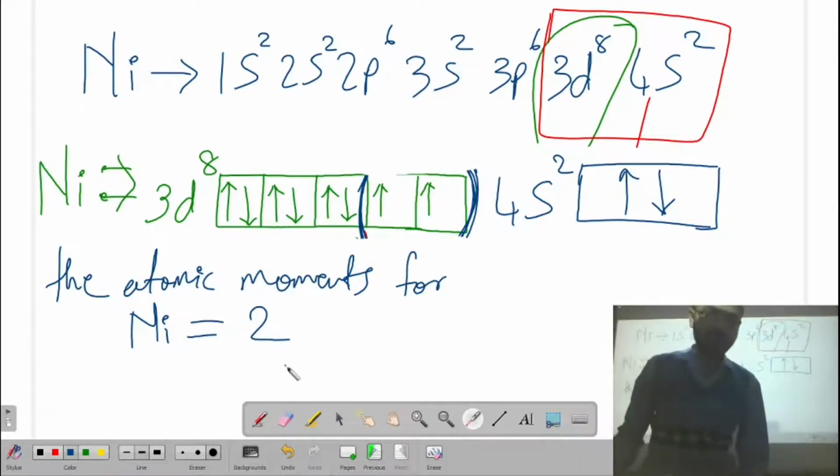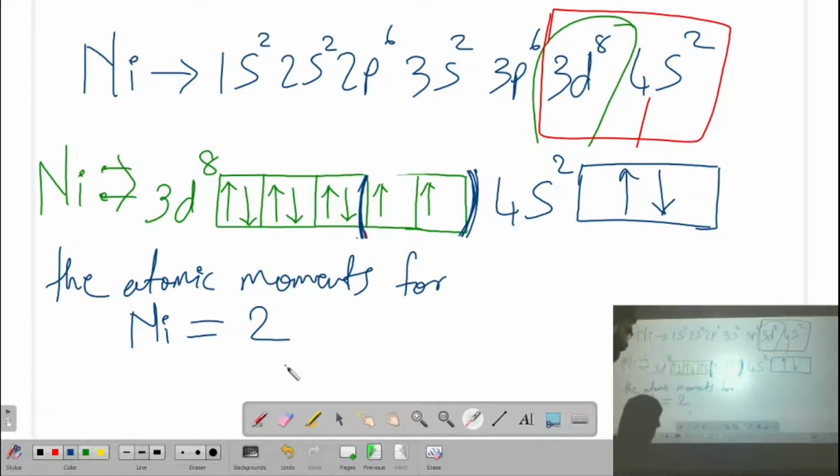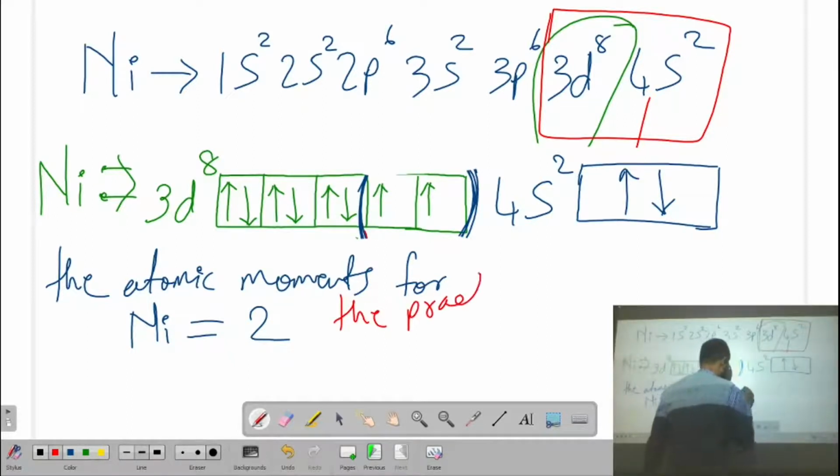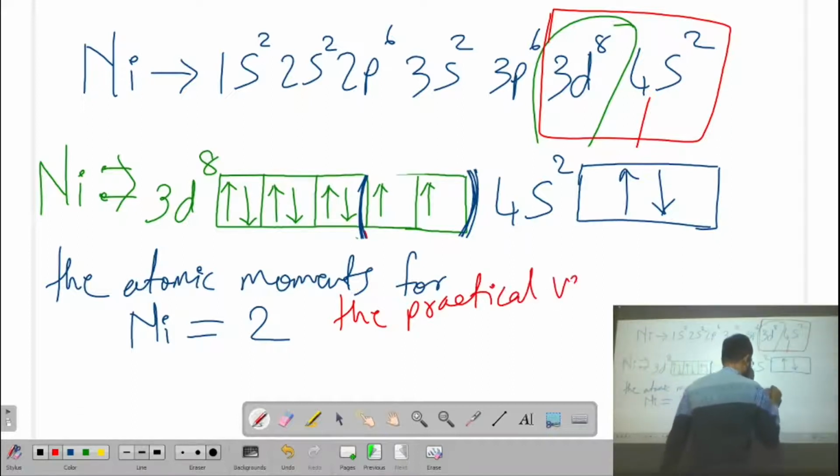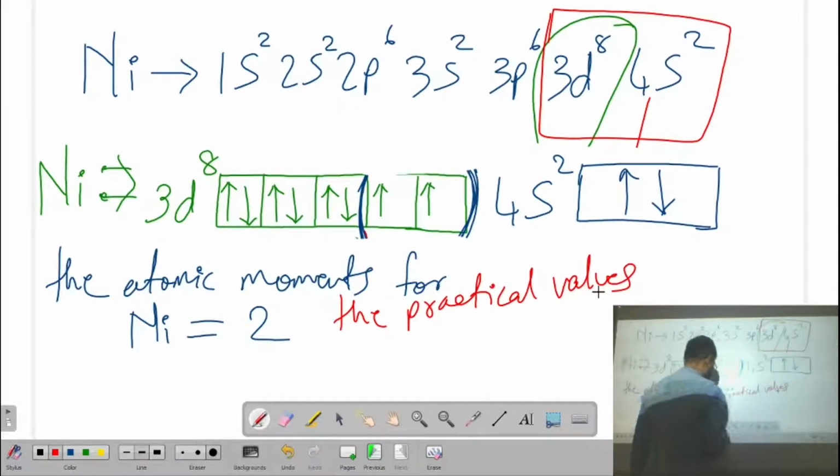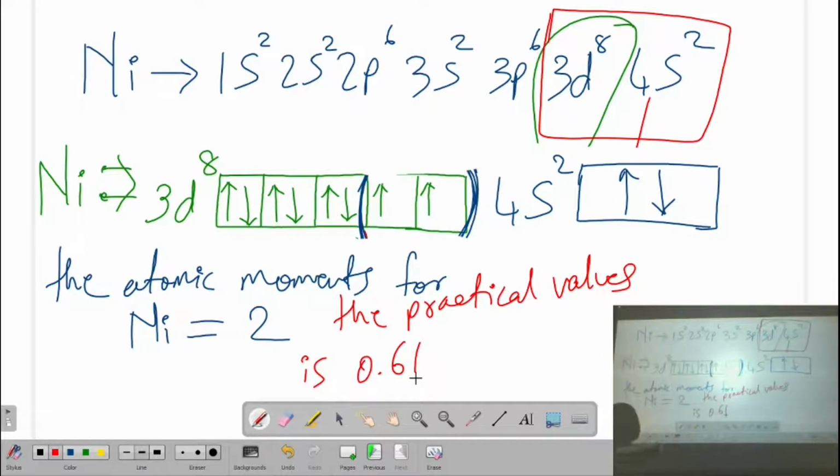But remember, the practical value is 0.61. This is the integral value, this is the non-integral value.